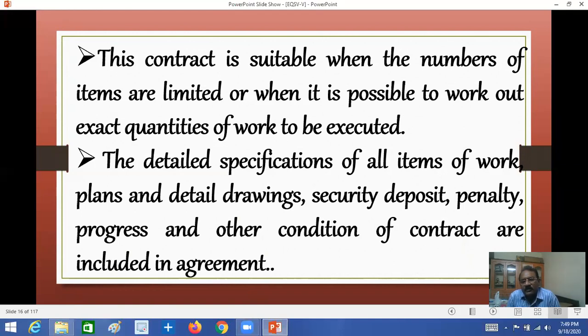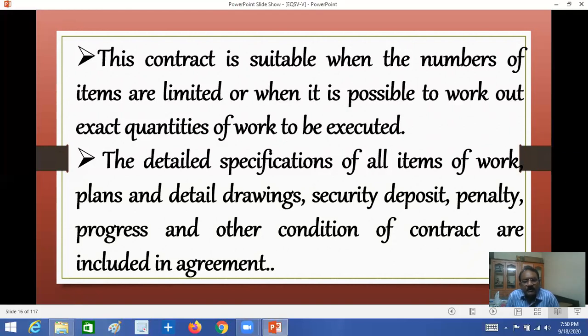The detailed specification of all works, plans, and detailed drawings, security deposit, penalty, progress, and other conditions of contract are included in the agreement. So say just plain footings, columns, and big masonry slabs, just like small works, suitable only when the items are limited and exact quantities of work to be executed are possible.